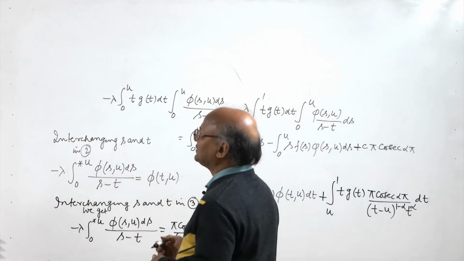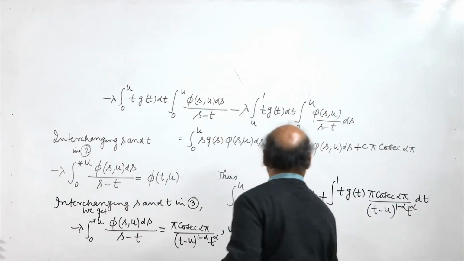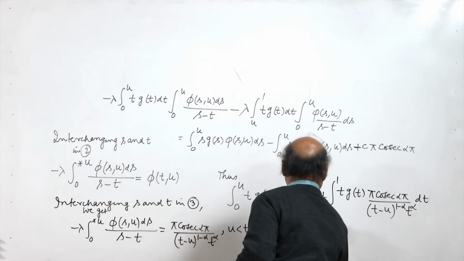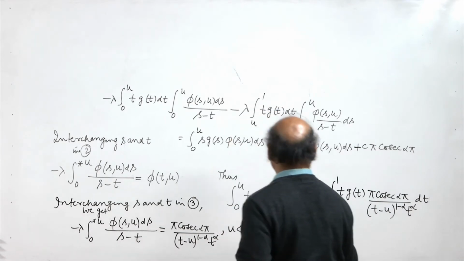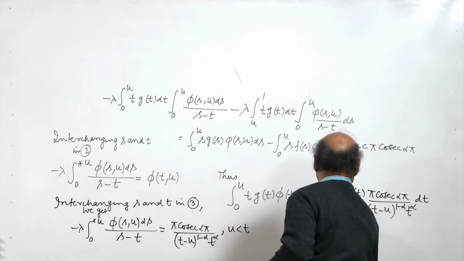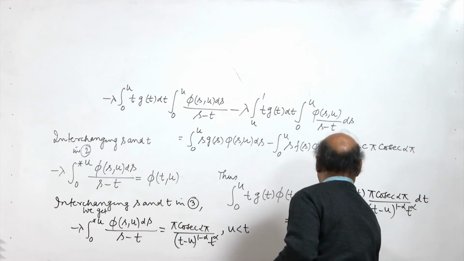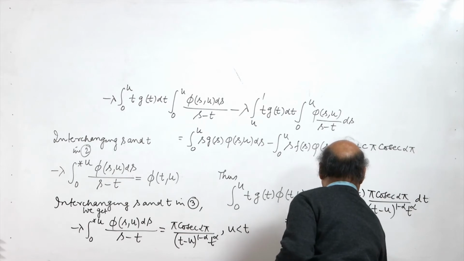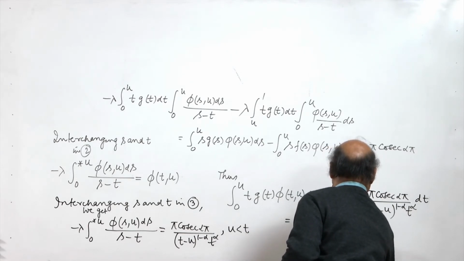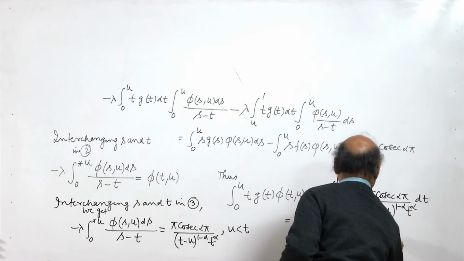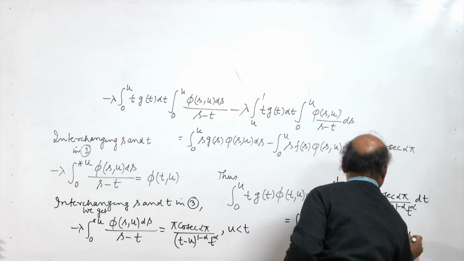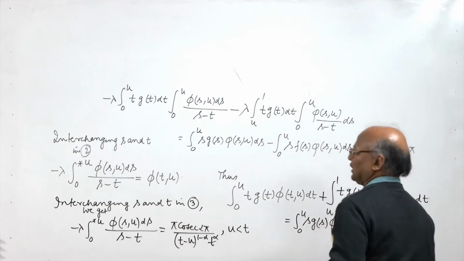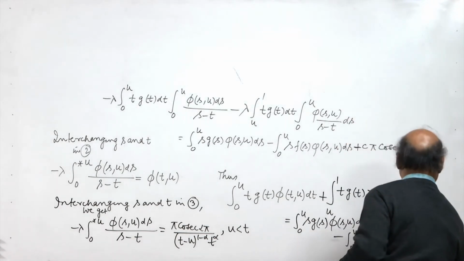And the right hand side is integral 0 to u s g(s) phi(s,u) ds, minus integral 0 to u s f(s) phi(s,u) ds, and then c times pi cosec alpha pi.